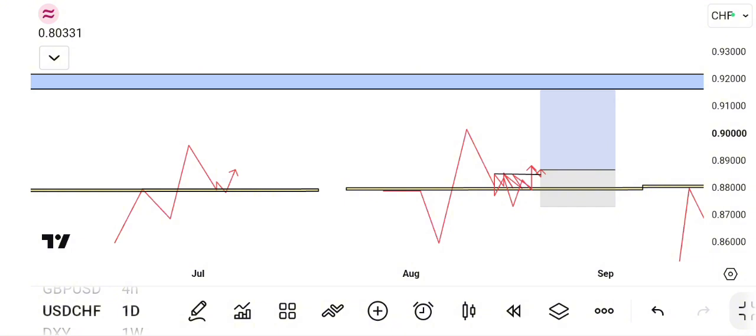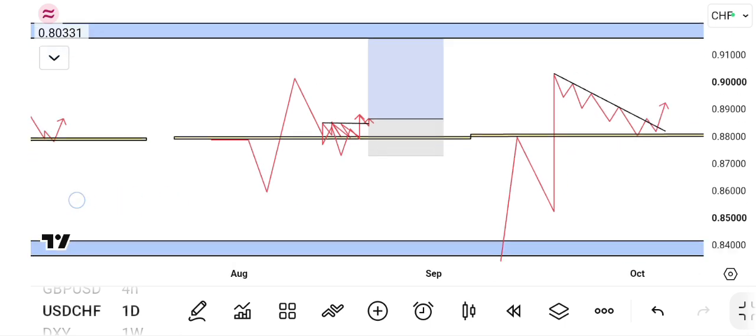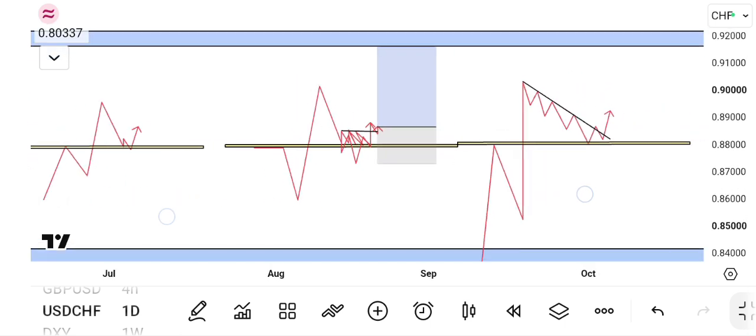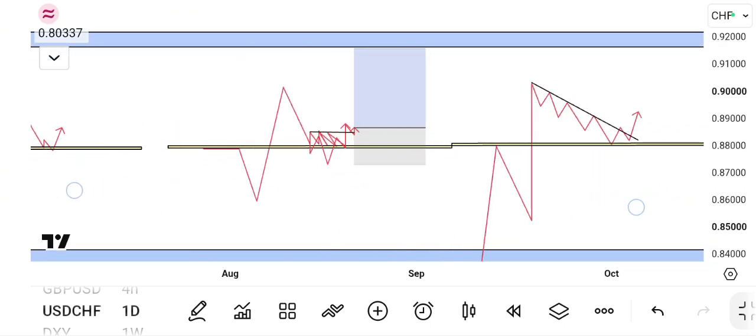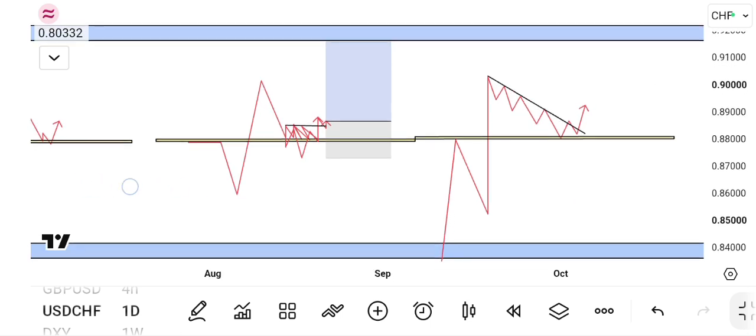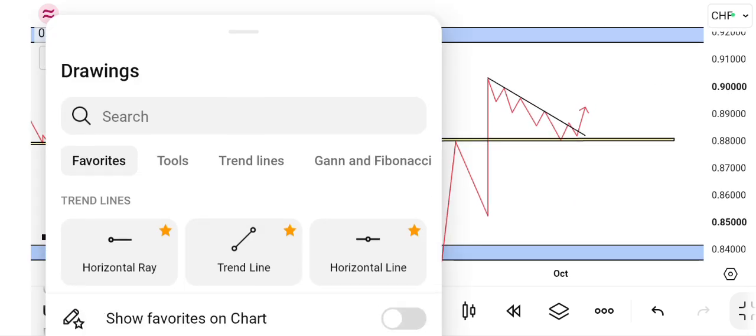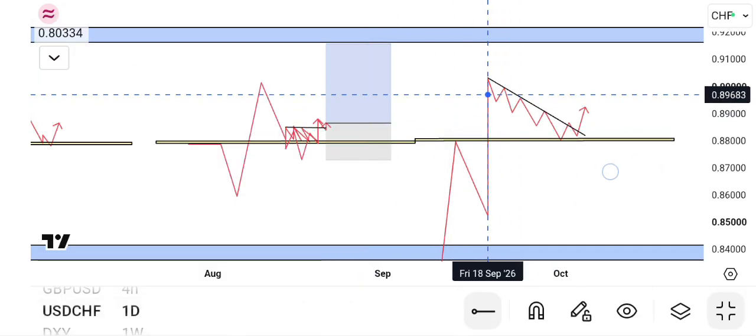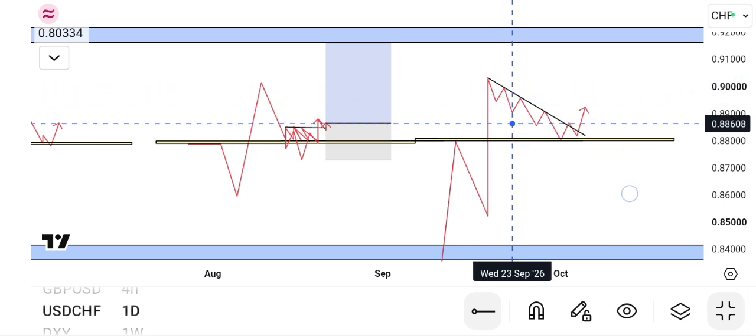Now, going to the other entry model called the circuit breaker entry model and how it works. The circuit breaker entry model works when you see a series of this kind of movements on the daily time frame or 4-hour time frame.